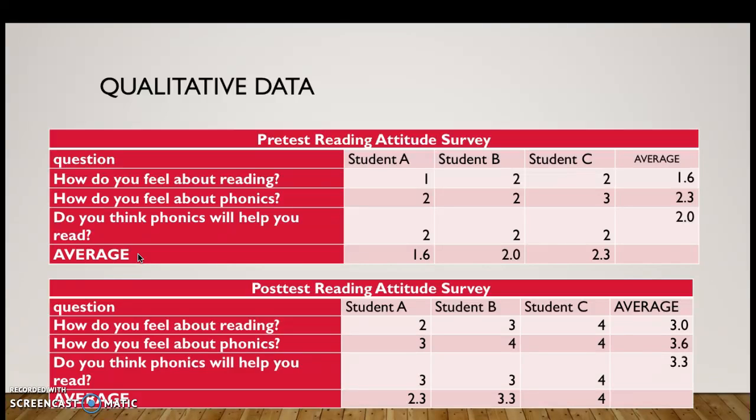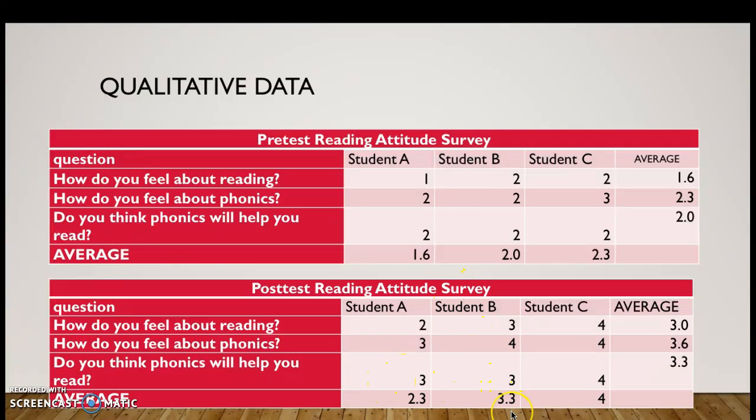When you look at their post-test data down below, you can see that student A had an average of 2.3 towards reading and phonics instruction. That was an increase of 0.7, which is not really that great of an increase, but it still was an increase.